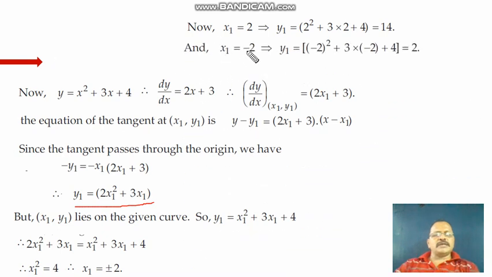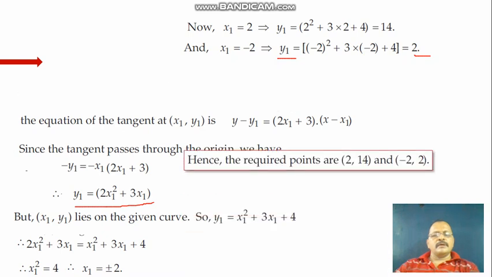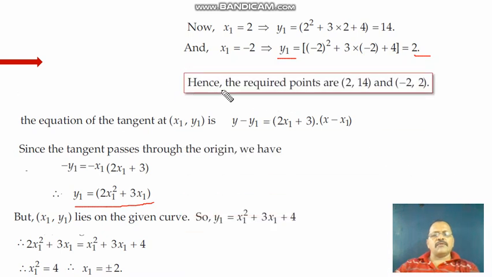If x1 is equal to minus 2, then y1 is equal to, again putting it here, x is equal to minus 2, we get y1 is equal to 2. And therefore the required points are (2, 14) and (minus 2, 2).